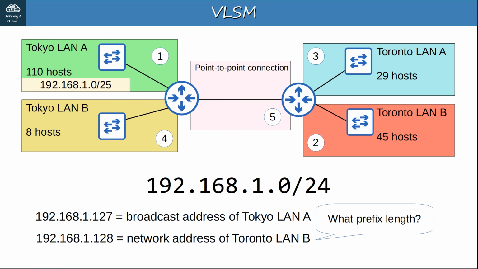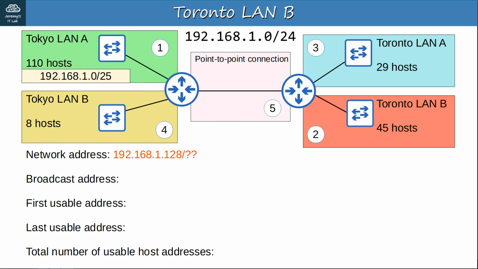What prefix length should we use for Toronto LAN B? So with this information, I want you to do the same thing for Toronto LAN B. Pause the video and find the prefix length we must use, then the broadcast address, first and last usable addresses, and total number of usable host addresses for this subnet. Pause the video now.